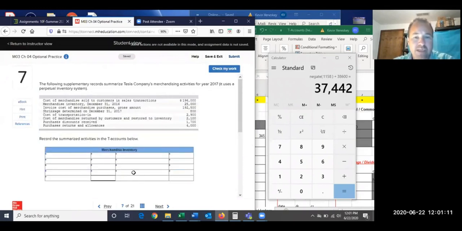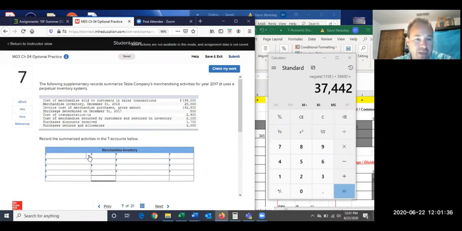Okay, this one is just like what I did in my example from part 1 of my lecture, where all we want to do is come down here and fill in this inventory T account with what happened and then the amount, and then on the credit side, what happened and the amount. So let's do that. Remember the top one, it's always our beginning inventory.